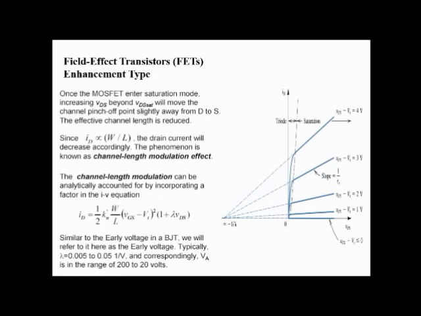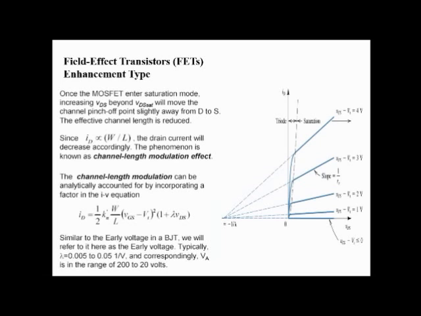Now once the MOSFET enters the saturation mode, increasing VDS beyond VDS saturation will move the pinch off point slightly away from the drain toward the source. The effective channel length is reduced in this part. Since we know that the drain current ID is directly proportional to W by L from the formulas, the drain current will increase accordingly, and this phenomenon is known as the channel length modulation effect.